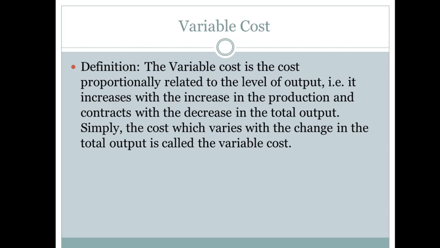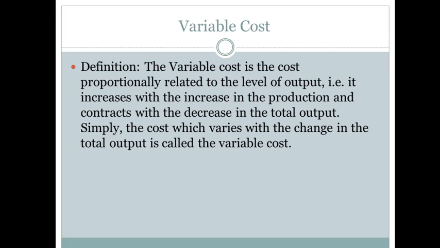Variable cost is the cost proportionally related to the level of output. That is, it increases with the increase in the production and decreases with the decrease in the total output. Simply, the cost which varies with the change in the total output is called the variable cost.